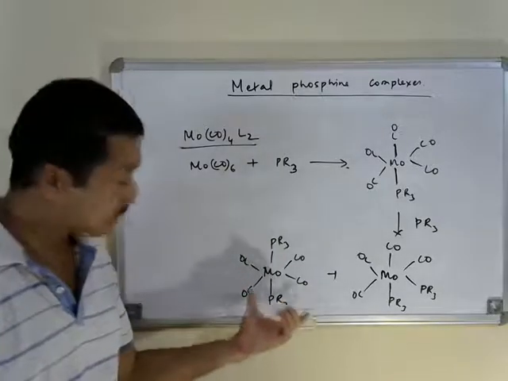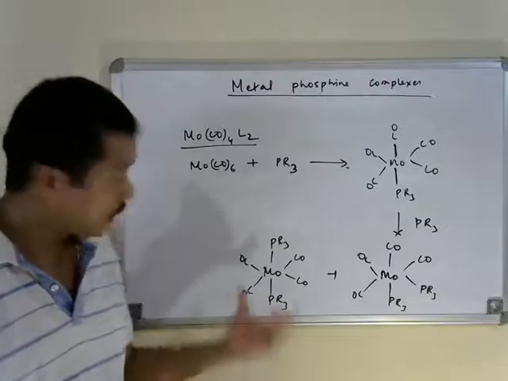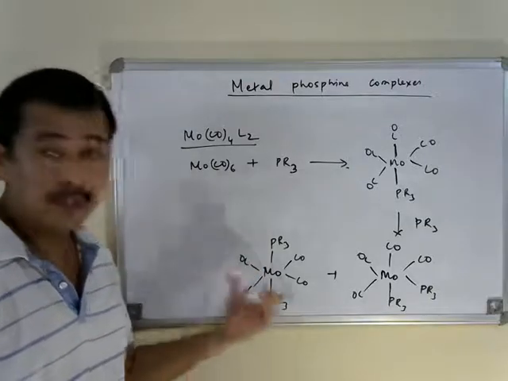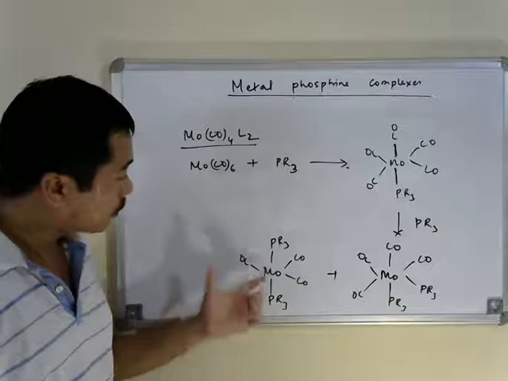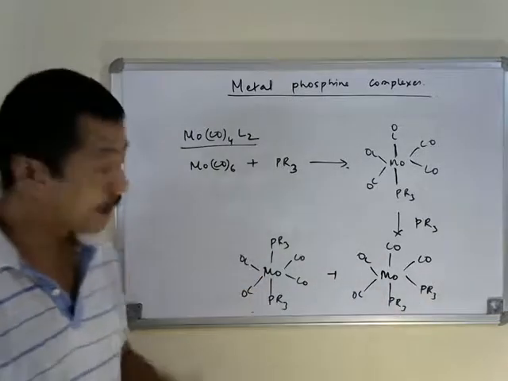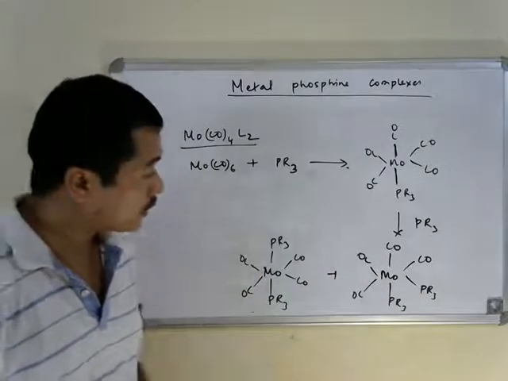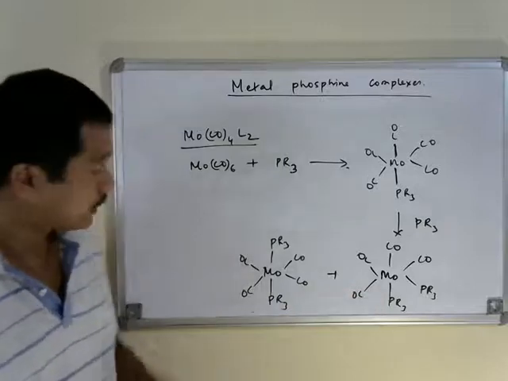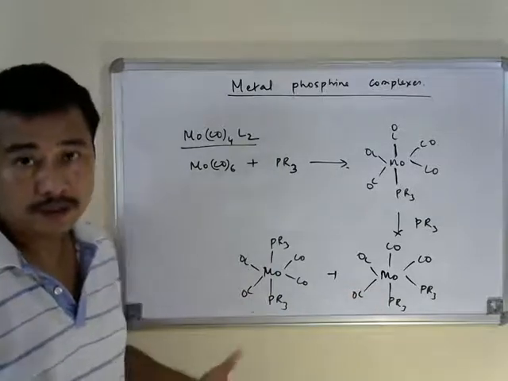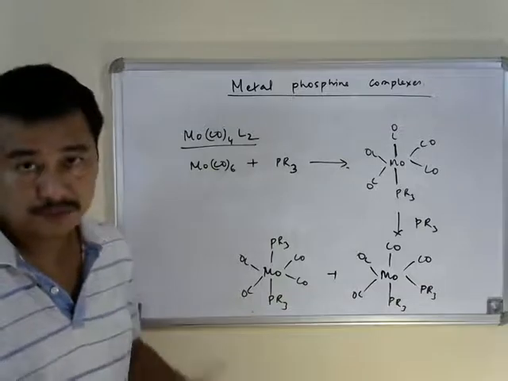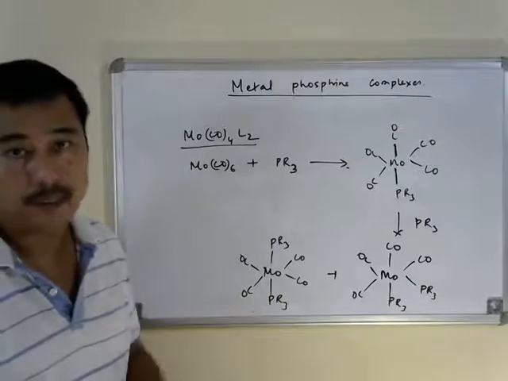We know that this particular product is not electronically favored, but it is formed in larger quantity because two sterically bulky phosphine ligands cannot be accommodated cis to each other in this metal complex, and therefore the trans product is now favored and forms as a major product.